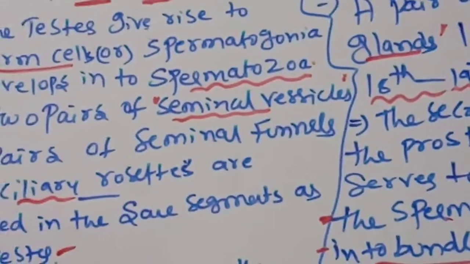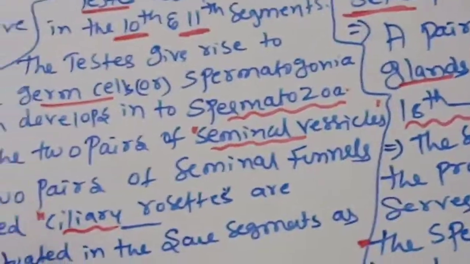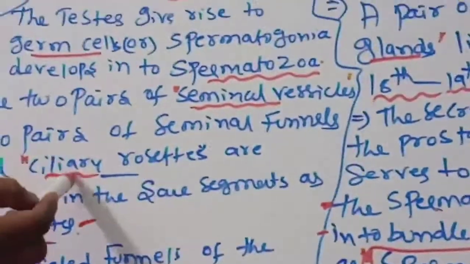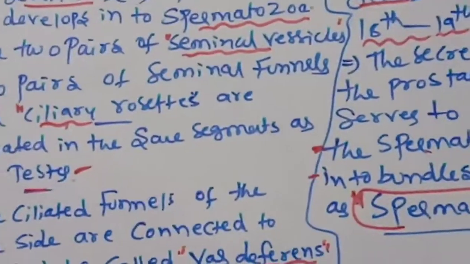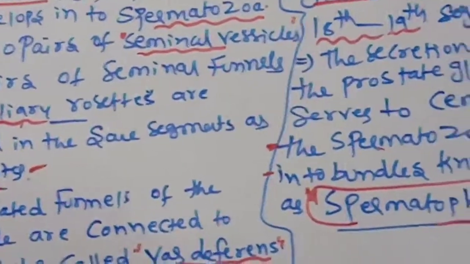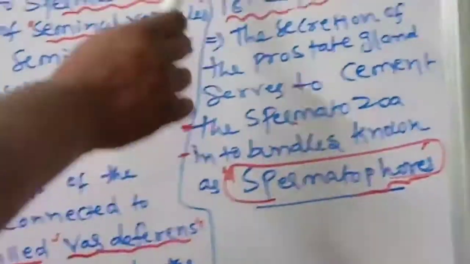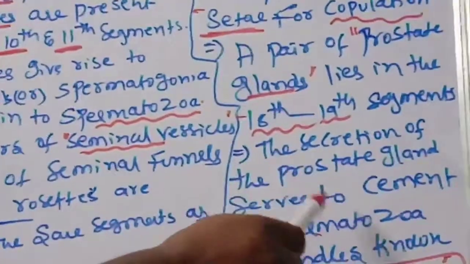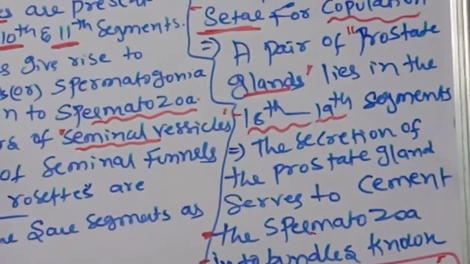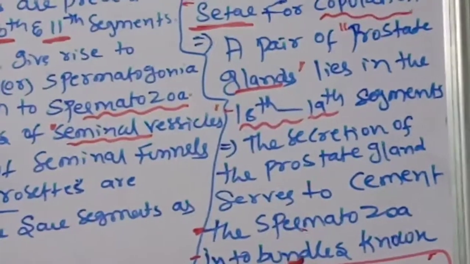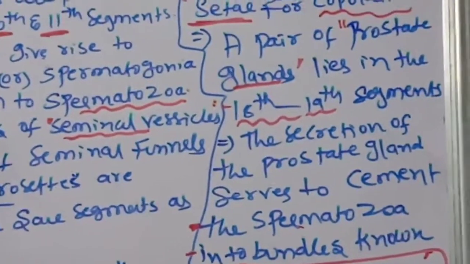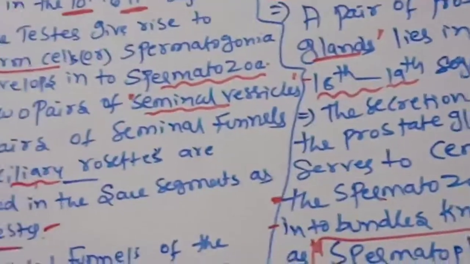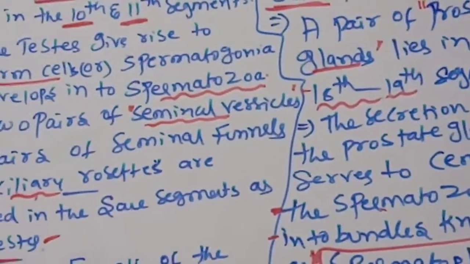Protandrous, hermaphrodites, 10th and 11th segments, ciliary rosettes in the same segments, then male genital aperture, then penial setae, then 18th and 19th segments. Because of the cementing substance from the prostate glands, the sperms are converted into spermatophores.